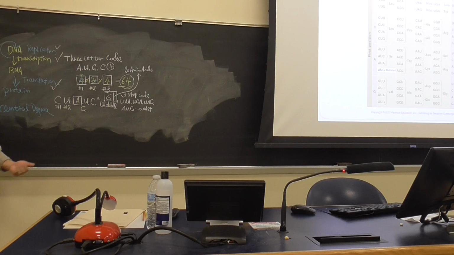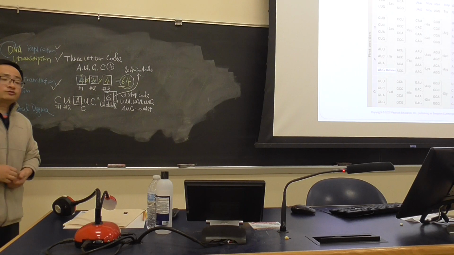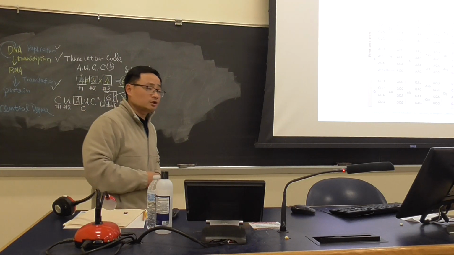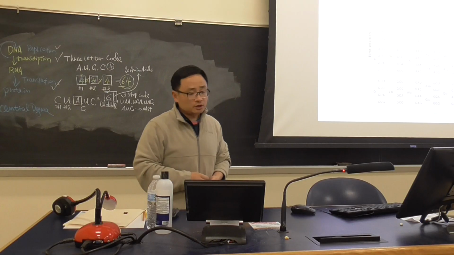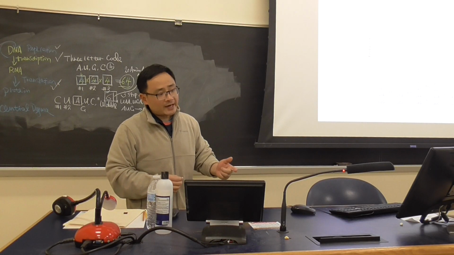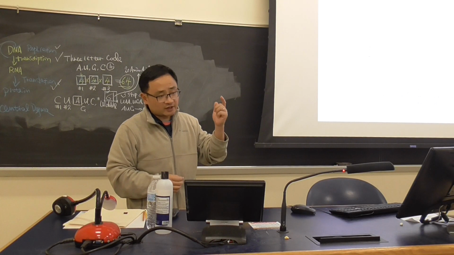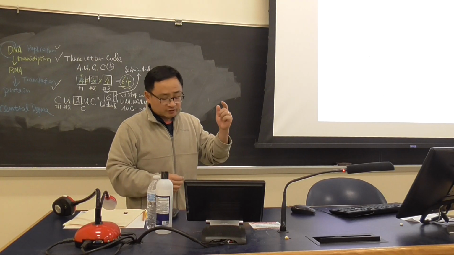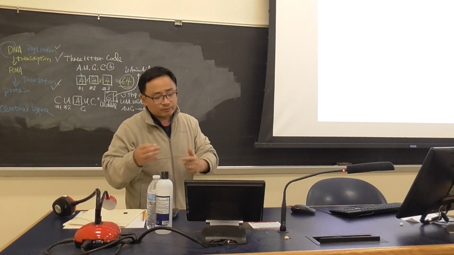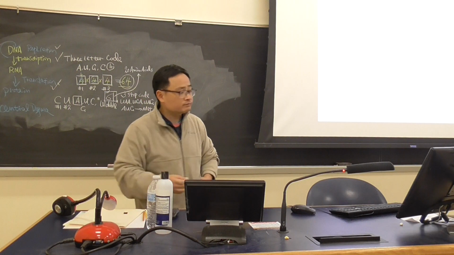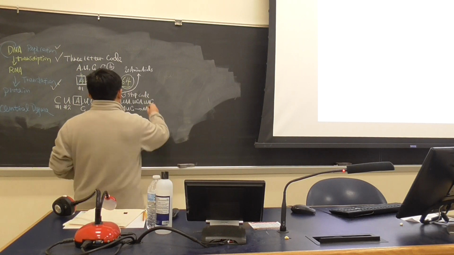That's called wobble. This gives you some space for mutation. And those types of mutation will not impact the final translation of the amino acids, will not impact what later becomes a peptide or protein. This is called a silent mutation.